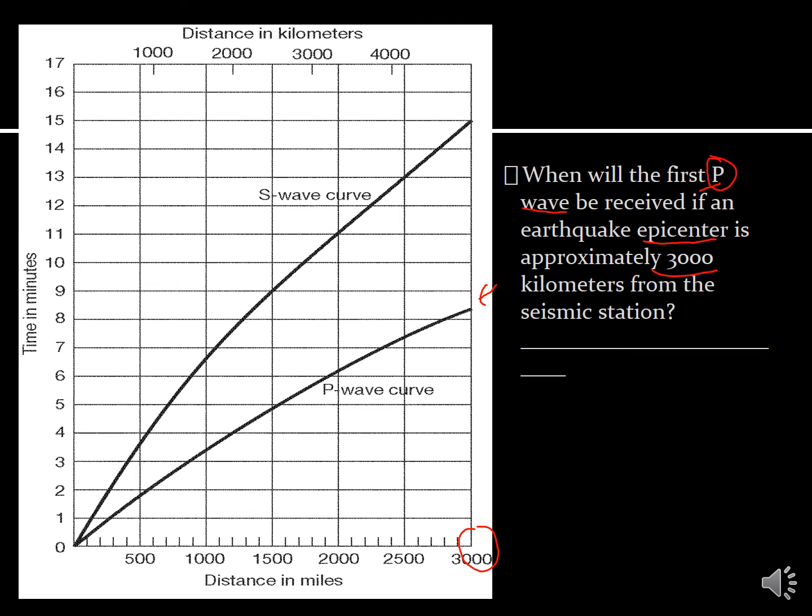So it says the P wave. So we go all the way up, and we stop here. Now, when we stop here, we have to see about how long that would be. I know my lines are not going to be straight, but give or take, let's just say 8.3 minutes. That's how long it would take. Okay, any questions with that? If so, please send me an email.